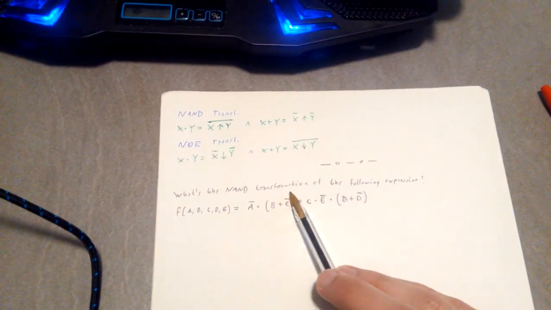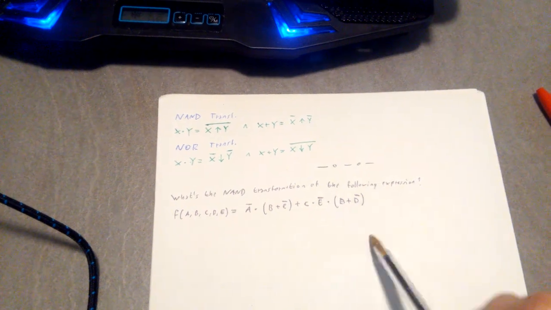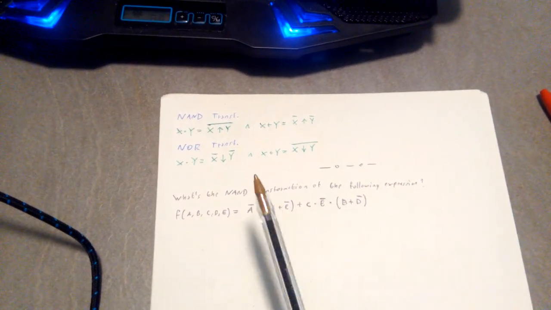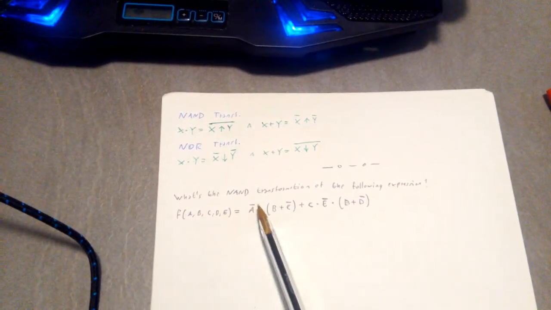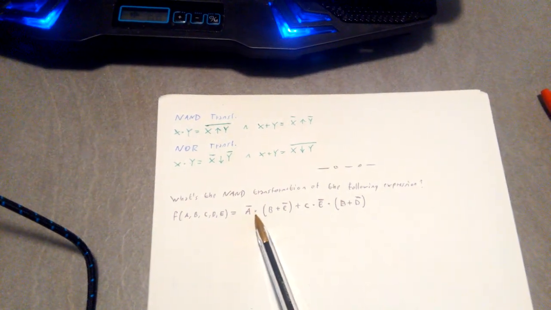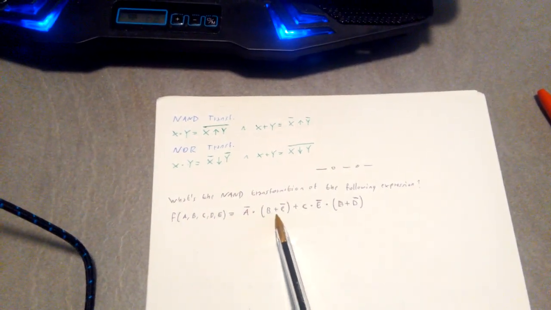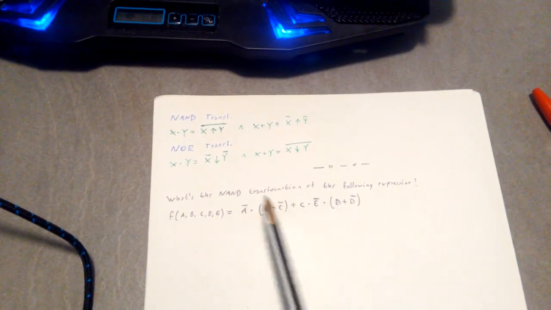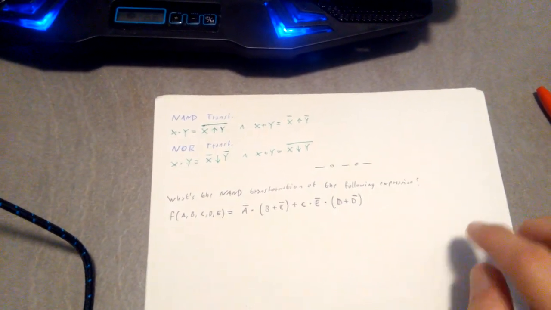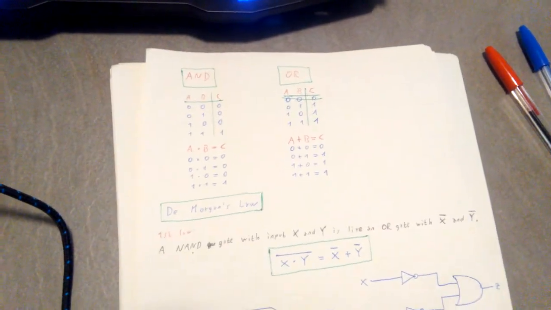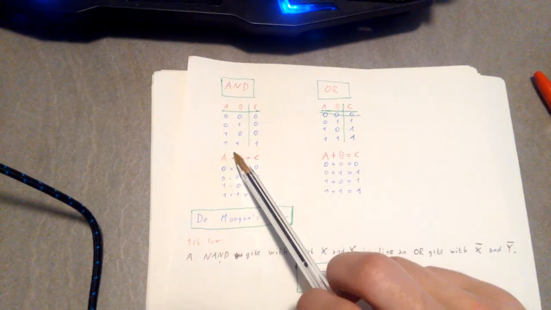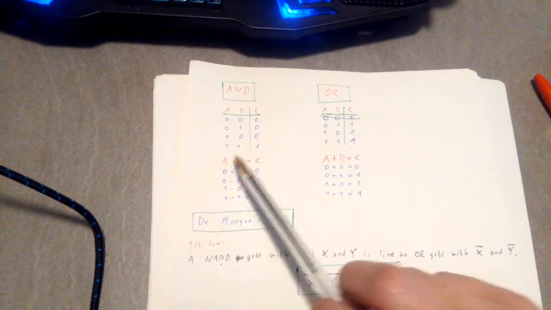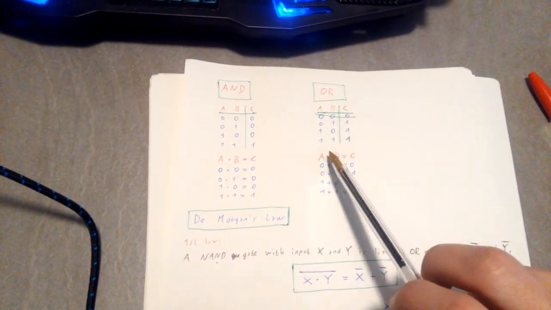Okay, so this is our expression, our function, and as you can see, we have both OR gates and AND gates, because we have a plus and a times. If you remember what I was saying before, we can think of AND gates as times, multiplication, and OR gates as plus, addition in binary.